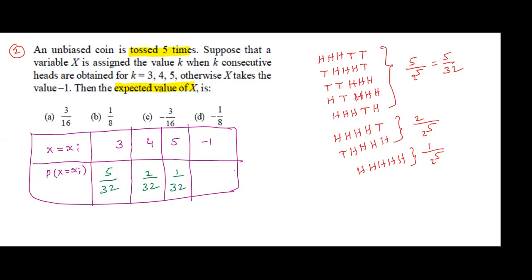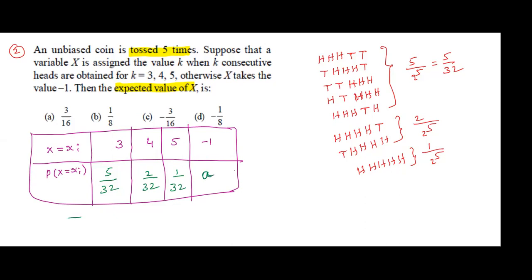Other than that, that means 0 consecutive heads, 1 consecutive head, 2 consecutive heads, there are 3 cases, so that takes time. That's why we take this value as small a, which we don't know. We need to find it.